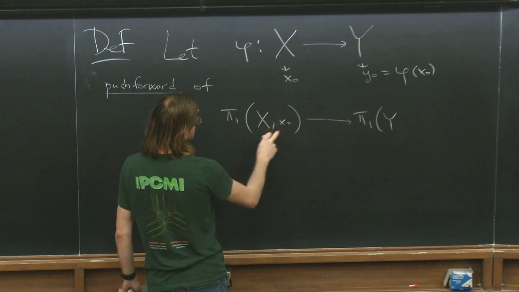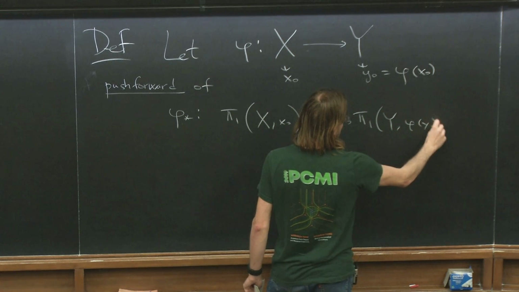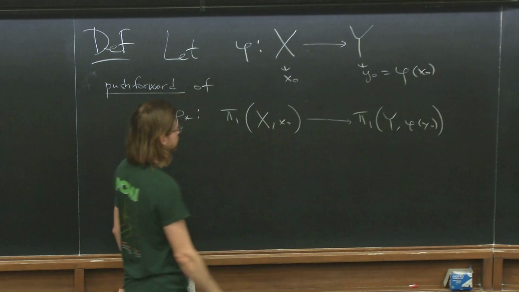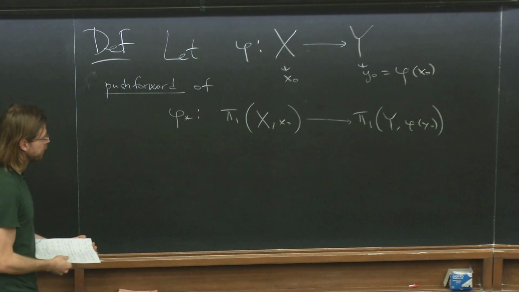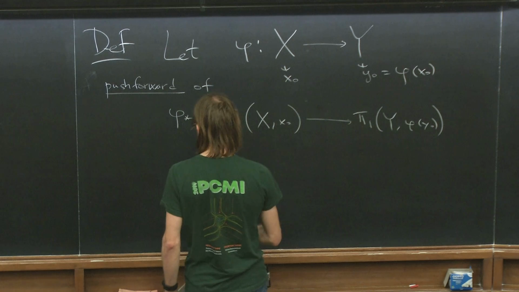Here I have the base point, some fixed point x0, and here my base point is given by the image of x0 under this map phi, and this map is defined as follows.